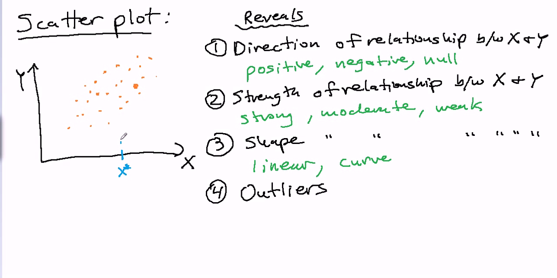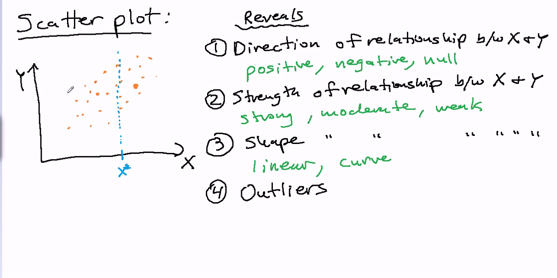Now look straight up on this line of x. You notice that there's a bunch of different points. I didn't actually touch those points, that's not the point here. The point is that they're very close to this x along this dotted vertical line that I drew. Each one of those has its own y value, right?